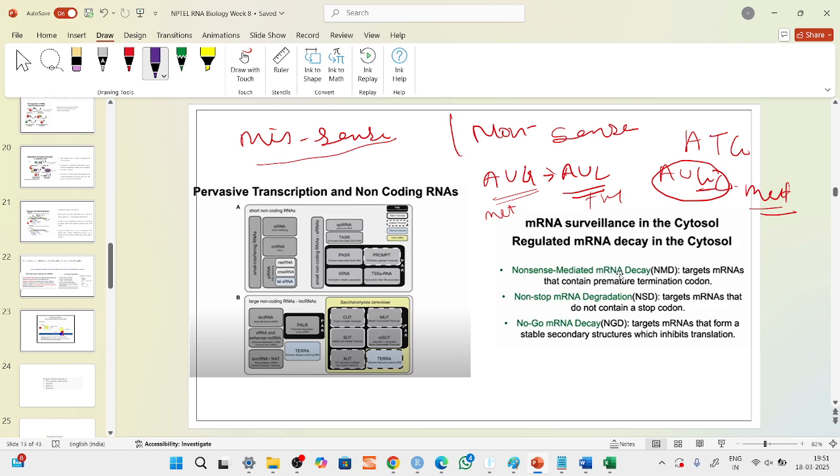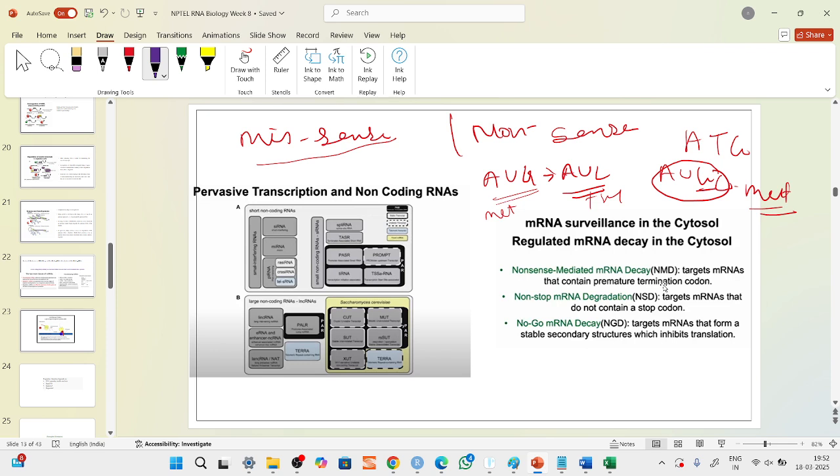See here, it targets mRNA that contains a premature termination codon. How can a premature termination codon come? It can come because of some problem in the synthesis machinery where the normal mRNA is mutated and it became the premature mRNA. So that is your nonsense mRNA decay.